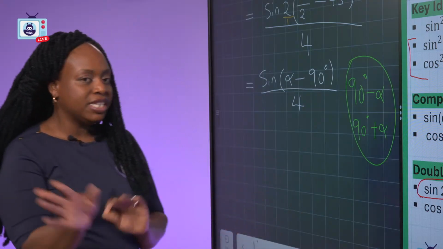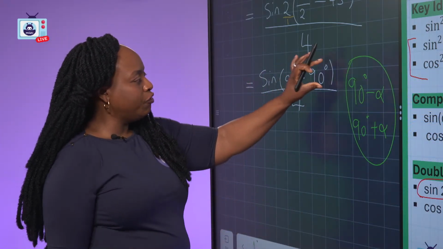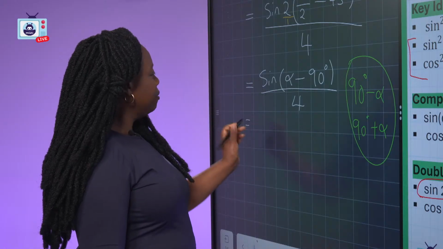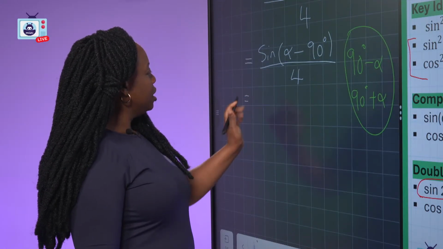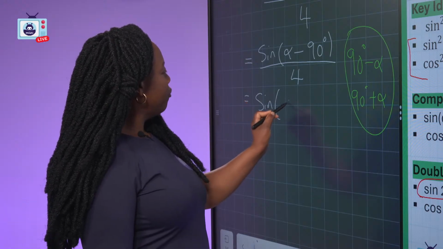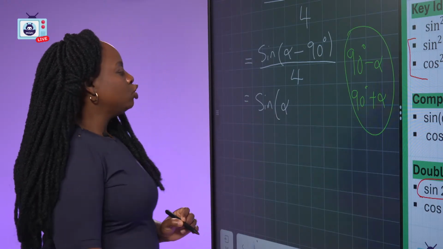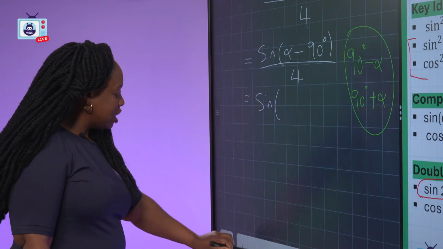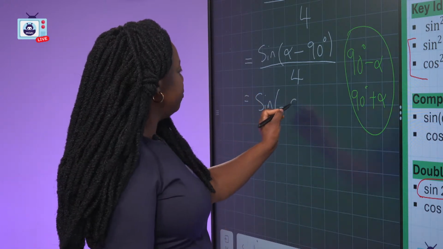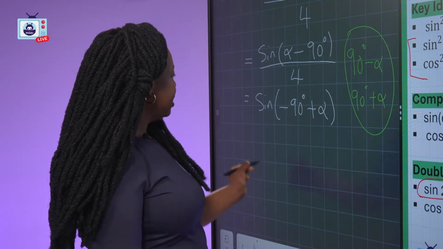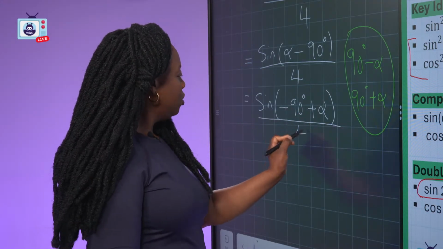We cannot have it the other way around. So we need to fix this. How are we going to fix it? Let's do this. We can have sine. And remember, for me to move the 90 to the other side, I must first move it as negative 90, like that, and plus alpha. Divide by 4.